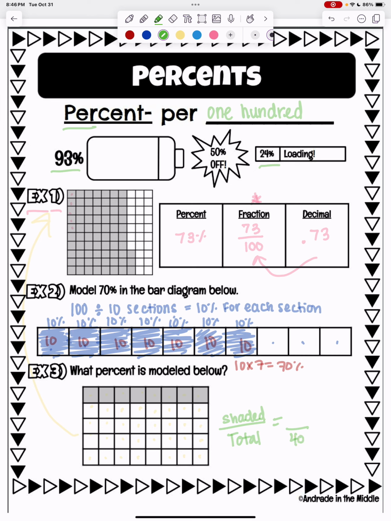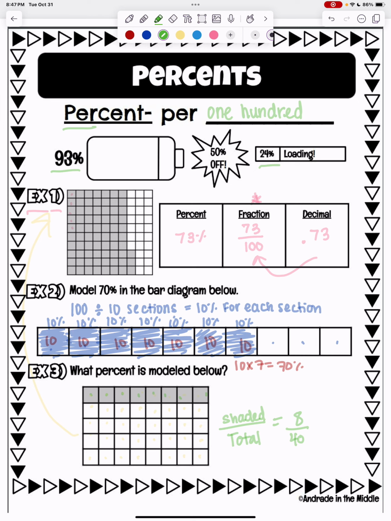And now how many are shaded? 1, 2, 3, 4, 5, 6, 7, 8. 8 are shaded. Now, this isn't really a percent yet. Remember, a percent is out of 100. I can't make this out of 100 just yet. So let's treat this like a fraction, because it is a fraction. It's shaded over total. It's part over a whole.